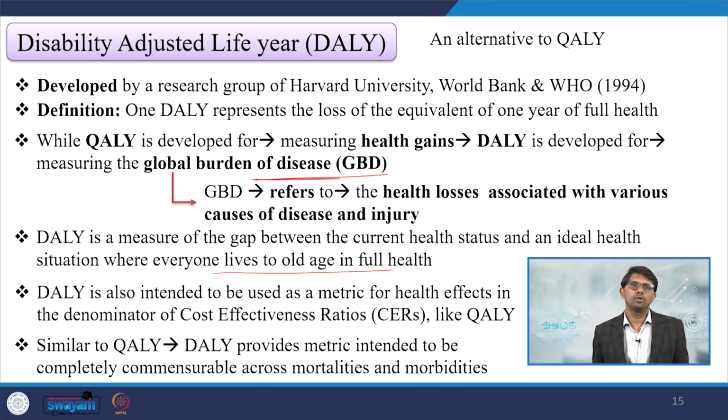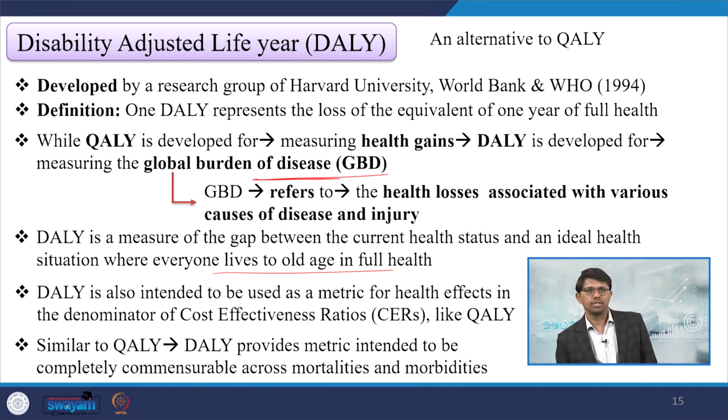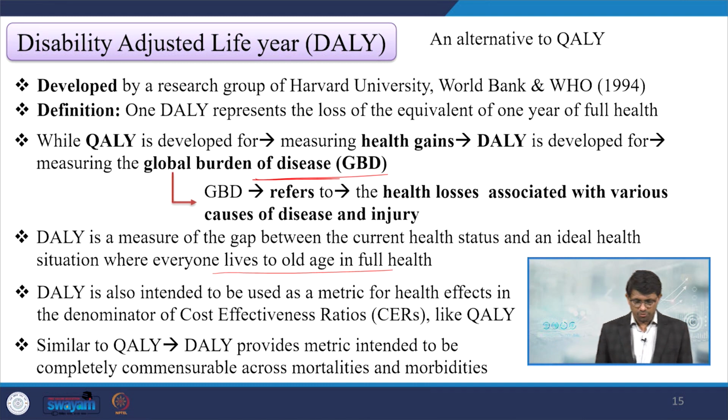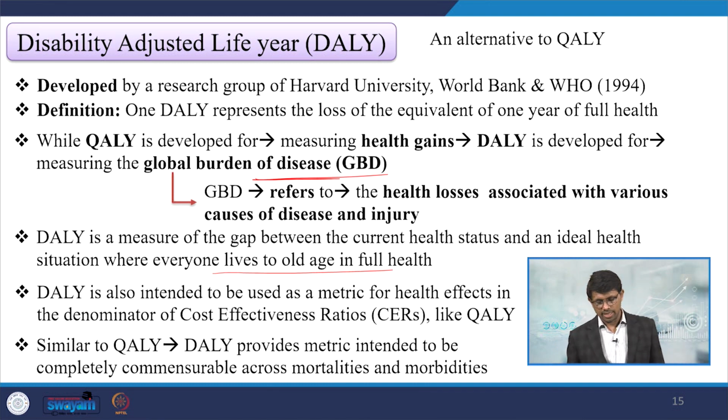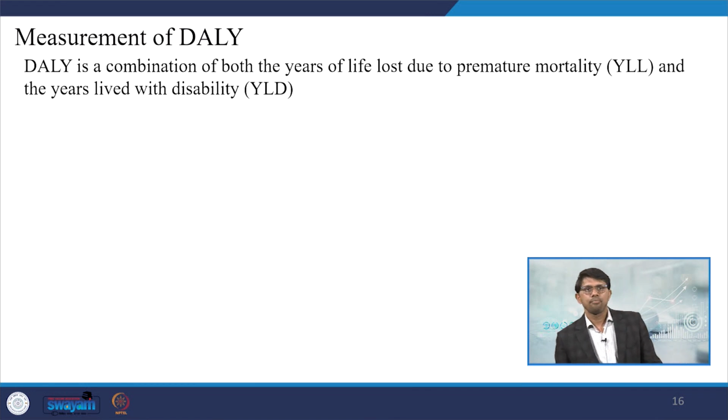DALY is also intended to be used as a metric for health effects in the denominator of the cost effectiveness ratio, like we discussed in QALY. Similar to QALY, DALY provides a metric intended to be completely commensurable across mortalities and morbidities.